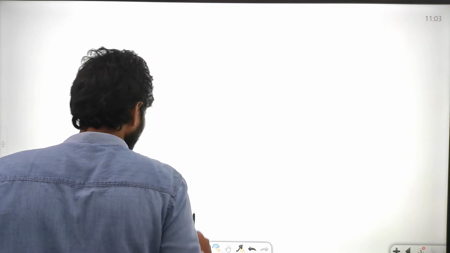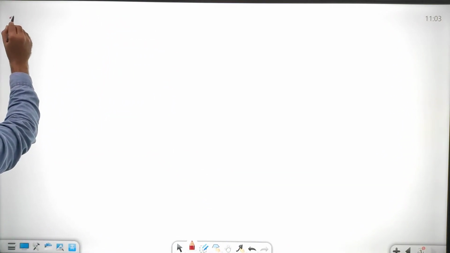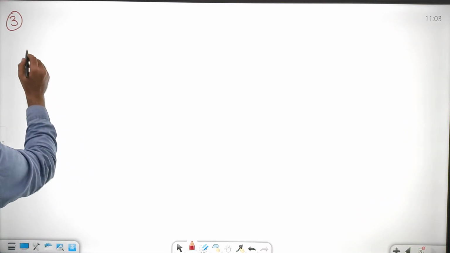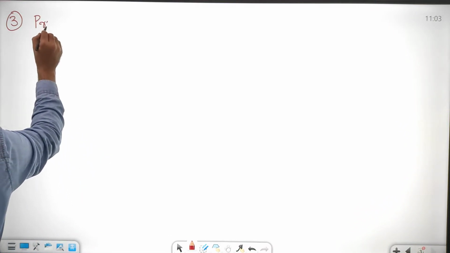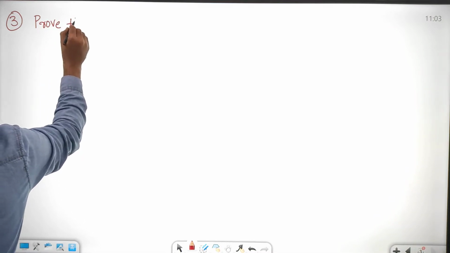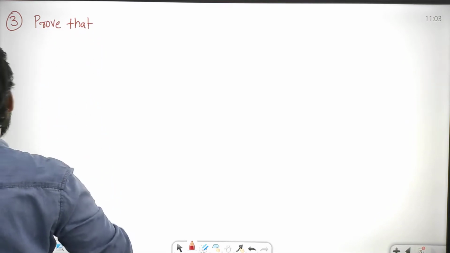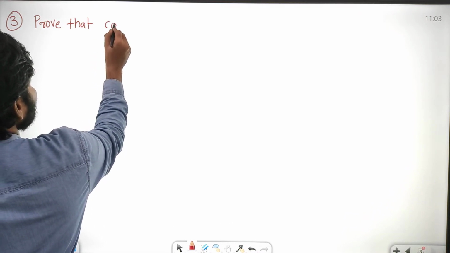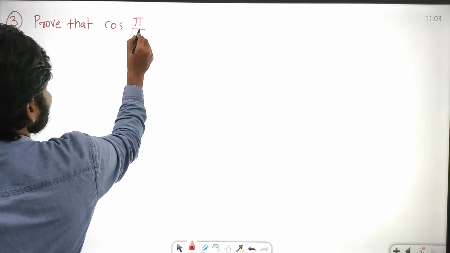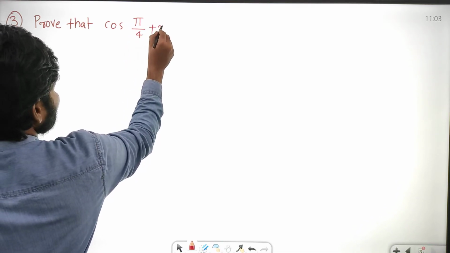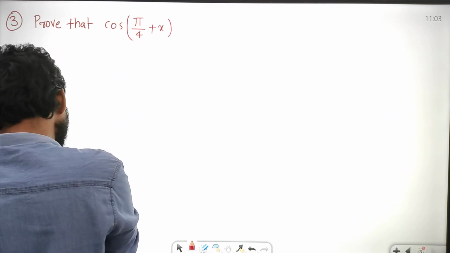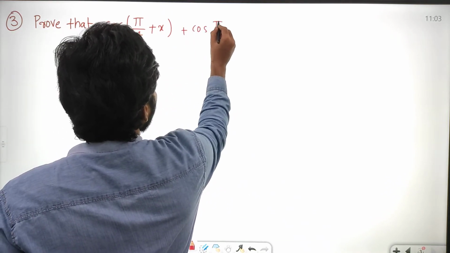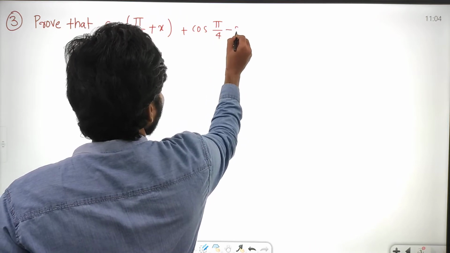Take the third question. What is the third question? Prove that cos(pi/4 + x) + cos(pi/4 - x).